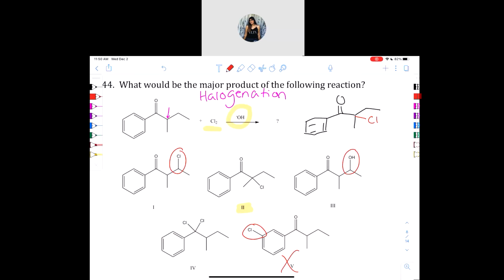Next thing we see is this one and this one added to the beta position. And even more than that, this one added an OH. Where would we get that from? No, we don't want that. We also know that this is incorrect because we can't add anything to the beta position.